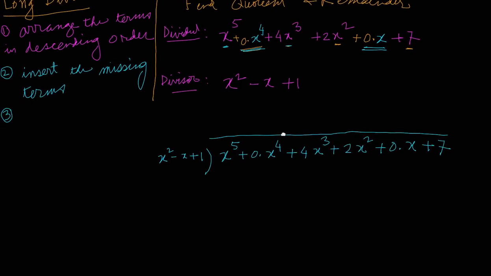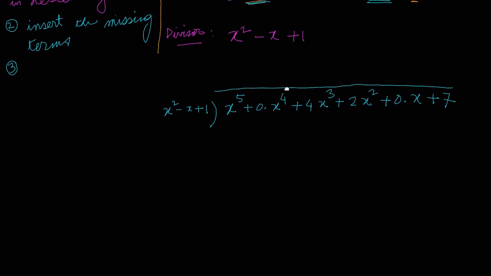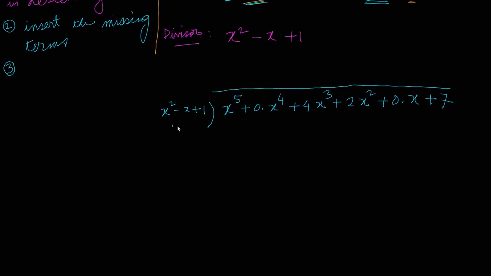Now in step number 3, I am going to pick up the first term of my dividend, which is x power 5. So let me write down here x power 5.